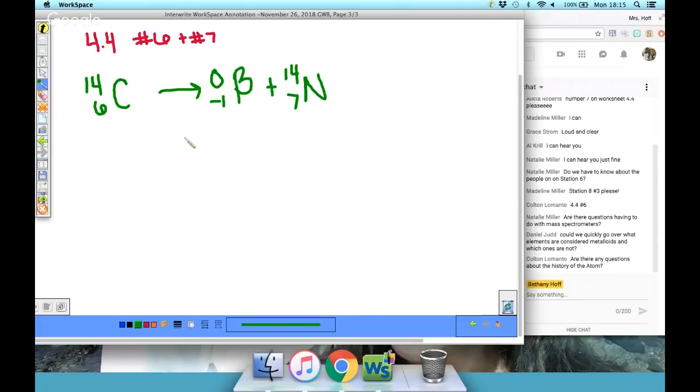It says a sample is only 3.1% radioactive as it should be compared to the carbon from a living organism. How old is that fossil? Now, we are told that 3.1% is radioactive.